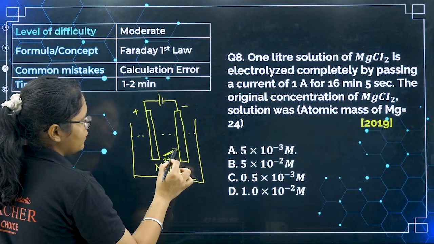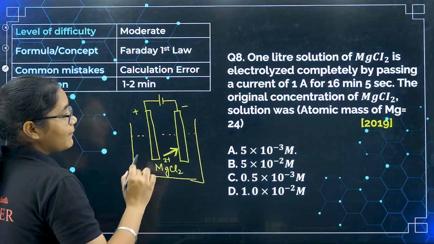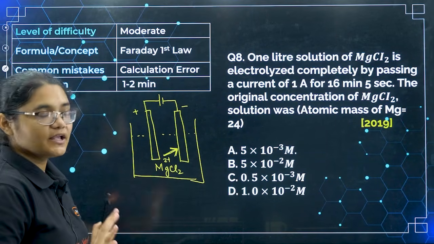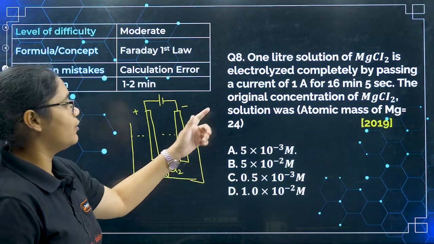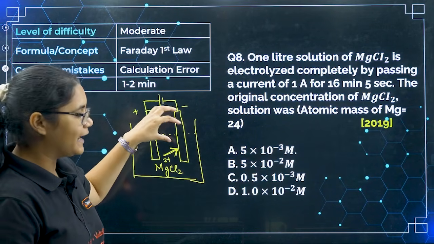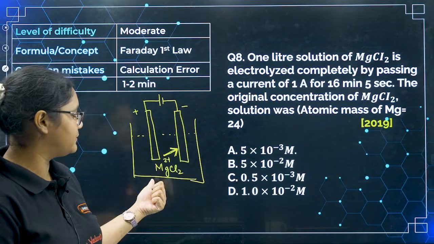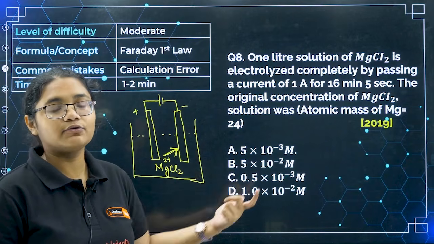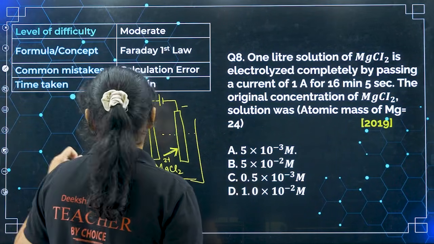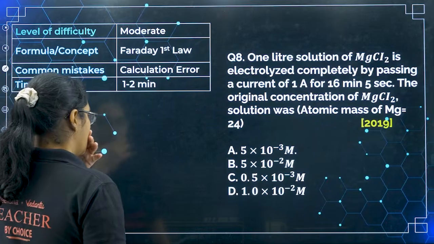So Mg2 plus will go and deposit here. Completely electrolyzed means all the Mg2 plus went and deposited there. So our question is the original concentration of MgCl2, meaning how much Mg went and deposited, that much mass of Mg must be present here, and we need to find the concentration of that. Okay, so let's solve this now.